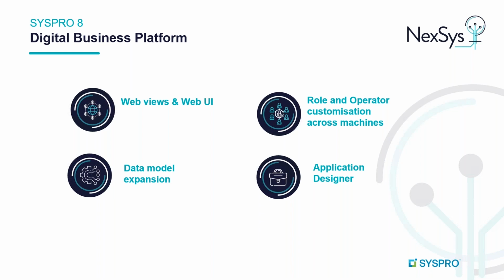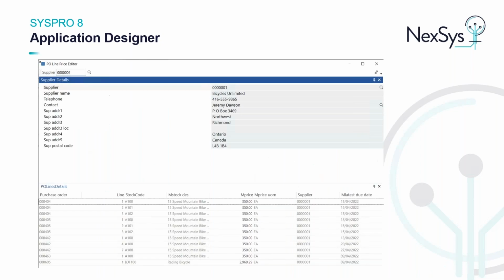Enhancements have been added into the 2024 release to this application designer, and I want to focus on one in particular. So here you'll see an example of a screen that was created by Andrew, one of the consultants. It's basically making it really simple for an end user to look at all of the open POs that we've got for a particular supplier and to go ahead and make price modifications to them and have them updated.